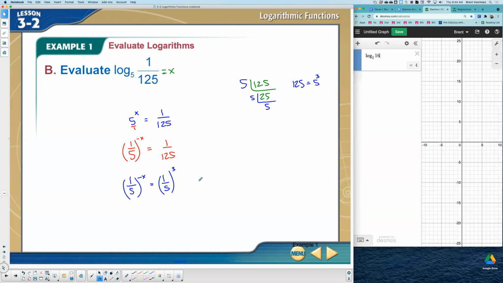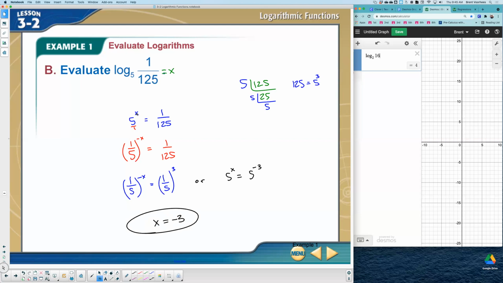Or we could just come back to the top and say 5 to the power of x is equal to, now that I have this right here, 5 to the negative 3. Either way, it's going to be the same. Now, I don't want to confuse you, but my answer: if negative x equals 3, what does positive x equal? X will equal negative 3. That's going to be my answer here.